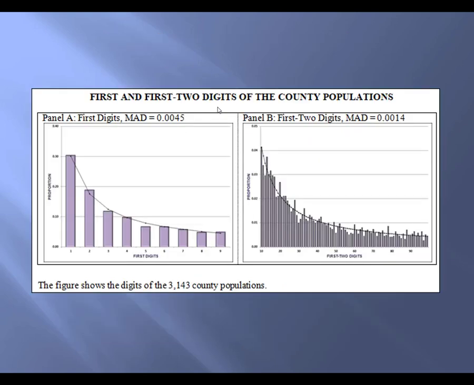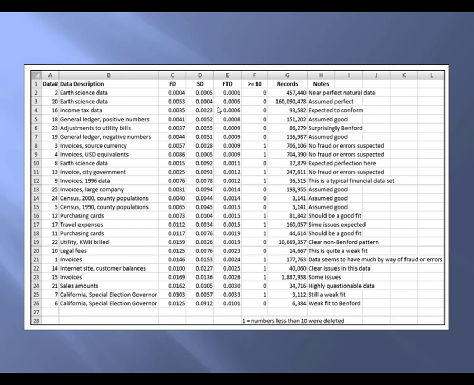These are the county populations. Now I only have 3,141 counties, so I have fewer numbers, and we have 19,500 towns and cities. For the first digits, nearly perfect, but slightly choppy here for the first two digits, even though I have 3,141.